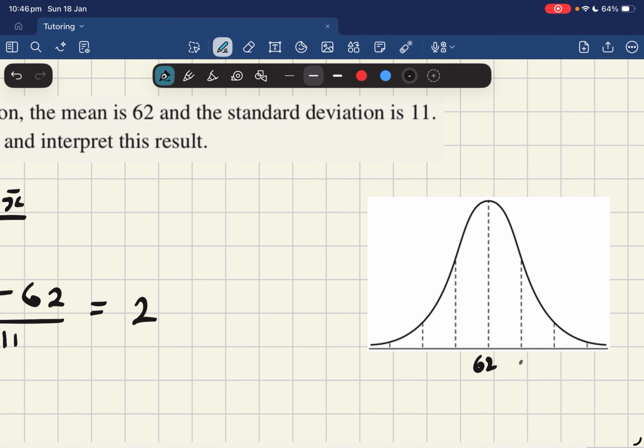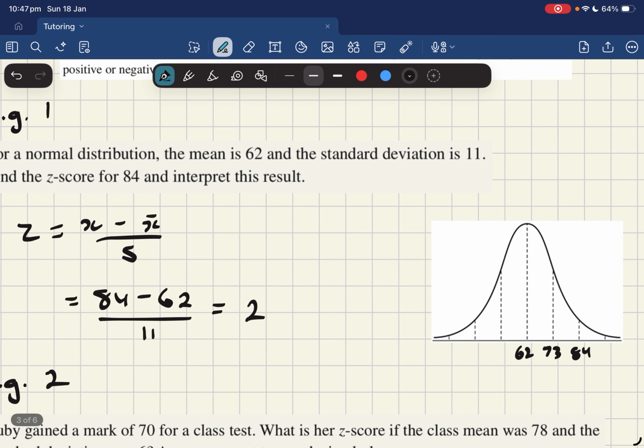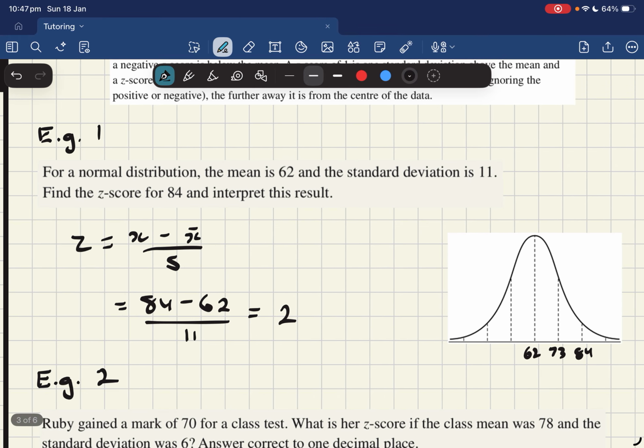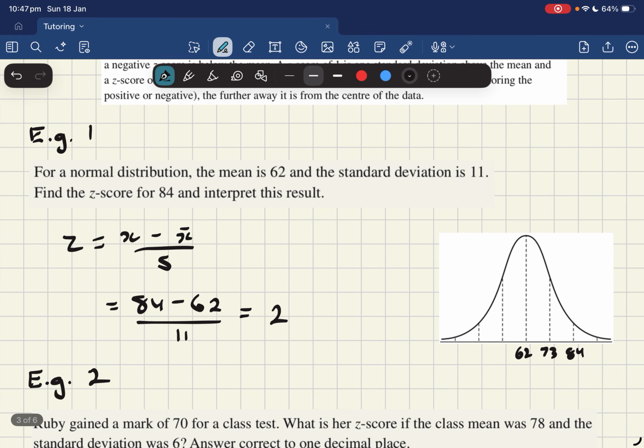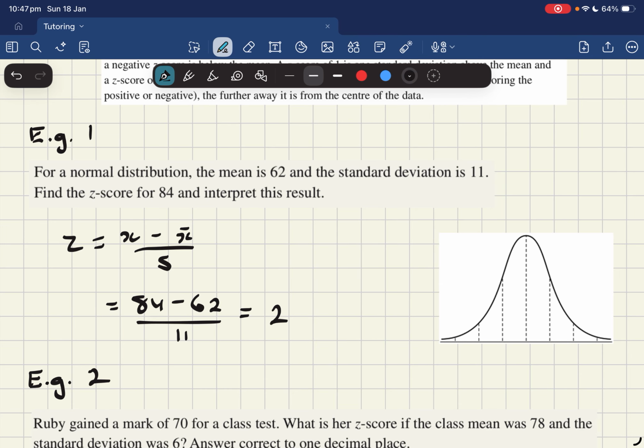The next one's going to be 73. And then we add 11 again. That gives me 84. So it checks out, right? My score of 84 is 2 standard deviations above the mean. So you can always double check this, thinking of it in the same way we did in the last video, to just verify your answer.